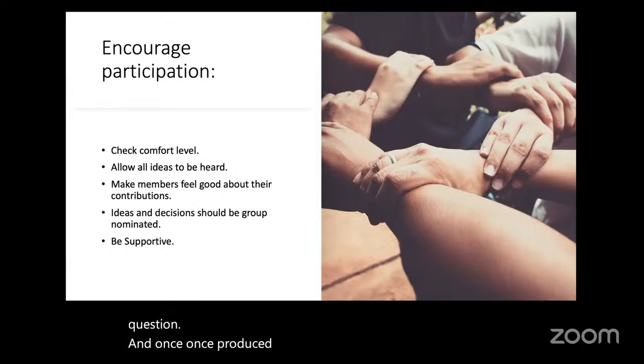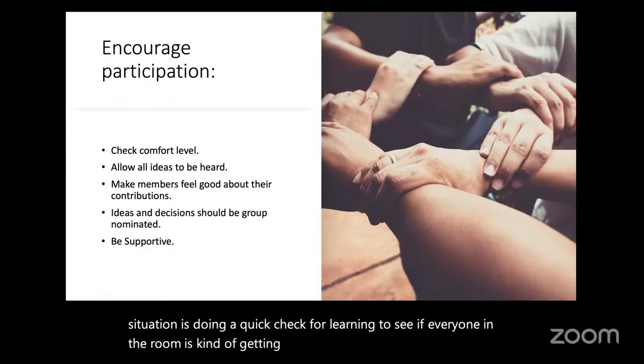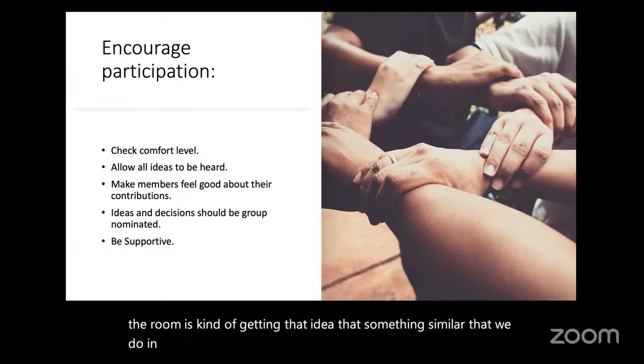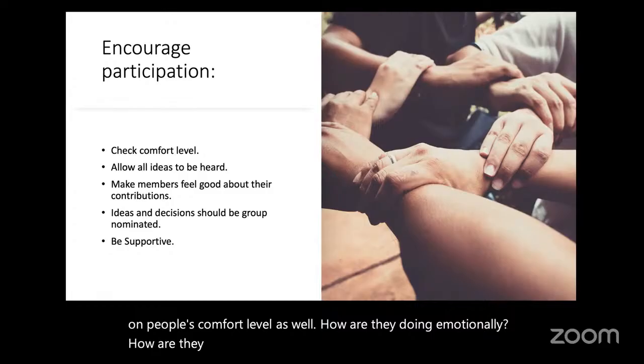What they're doing in that situation is a quick check for learning to see if everyone in the room is getting that idea. That's something similar that we do in the group setting. But in the group setting, we need to check on people's comfort level as well. How are they doing emotionally? How are they feeling? Okay.